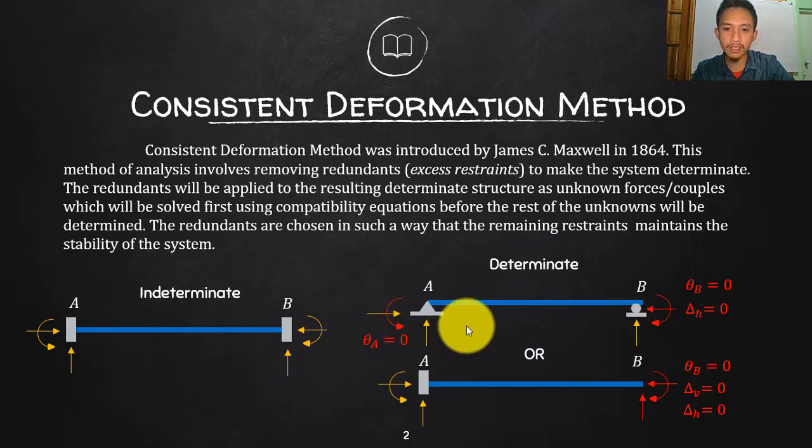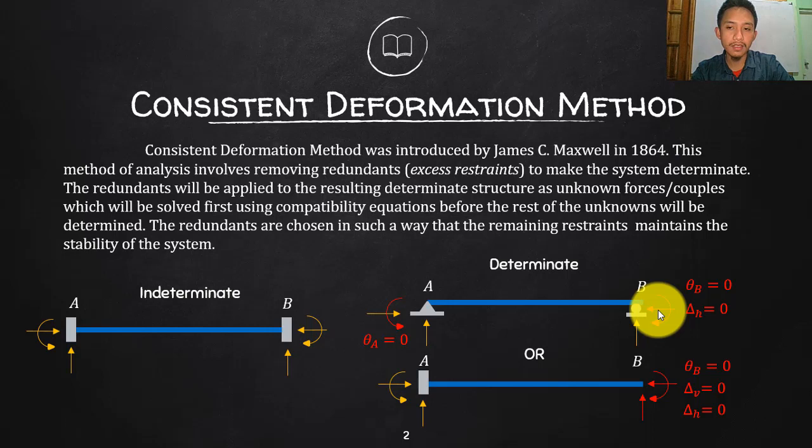We can solve these 3 later on if we already know the values of the redundants that I removed, and I will apply those as forces on this determinate structure. Then we will solve the rest of these 3 reactions using statics, the summation of horizontal, vertical, and summation of moments.